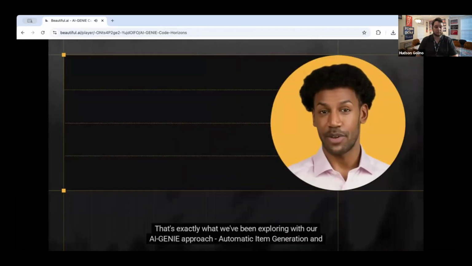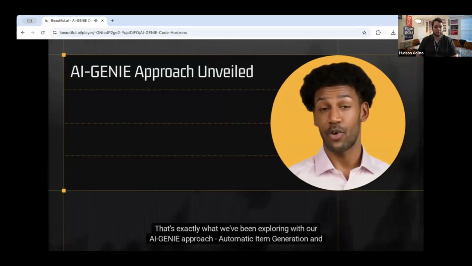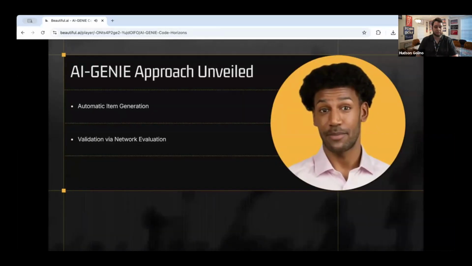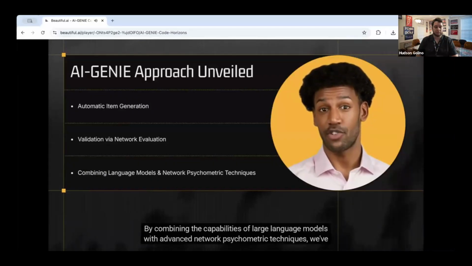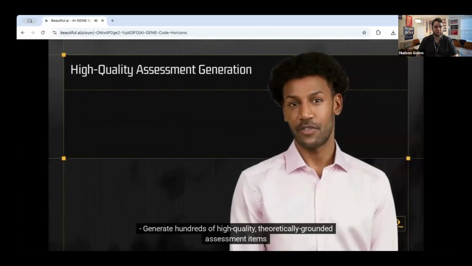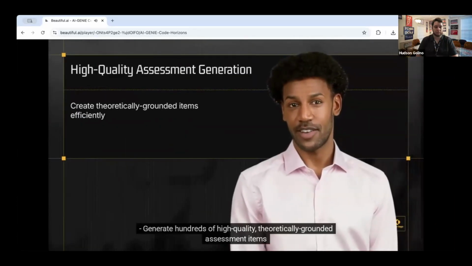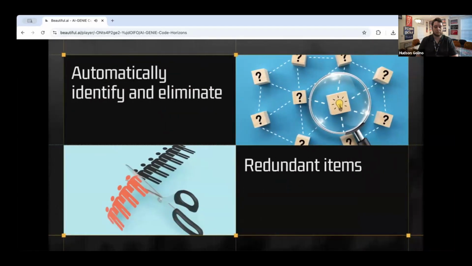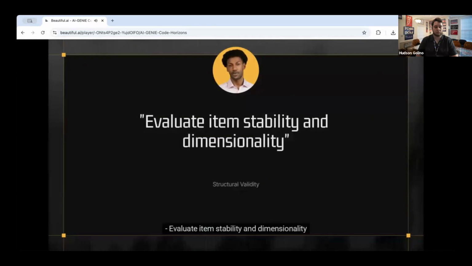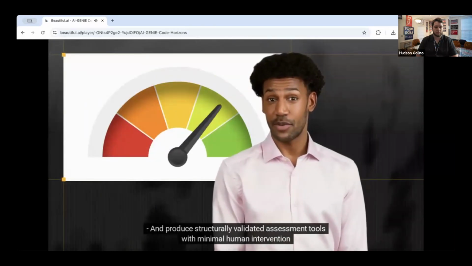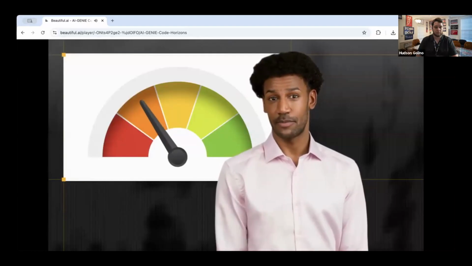That's exactly what we've been exploring with our AI-GENIE approach, automatic item generation and validation via network integrated evaluation. By combining the capabilities of large language models with advanced network psychometric techniques, we've developed a methodology that can generate hundreds of high-quality, theoretically grounded assessment items, automatically identify and eliminate redundant items, evaluate item stability and dimensionality, and produce structurally validated assessment tools with minimal human intervention.